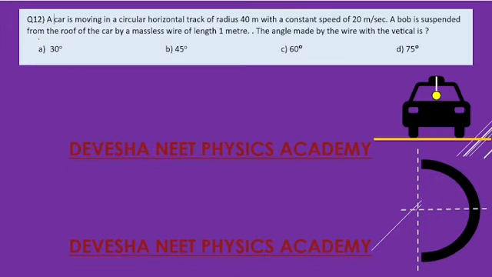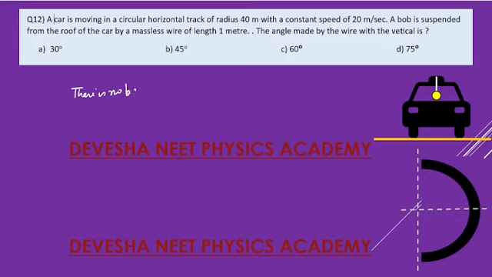A car is moving in a circular horizontal track of radius 40 meters with a constant speed. Now in this case, if you notice, there is no banking.